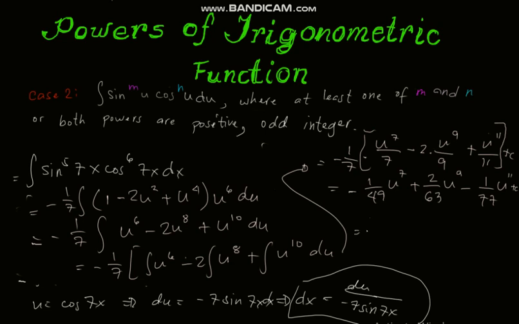So our final answer is negative 1 over 49. Our u is just cosine 7x.